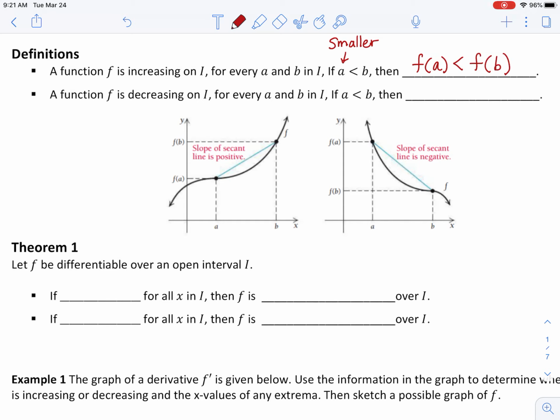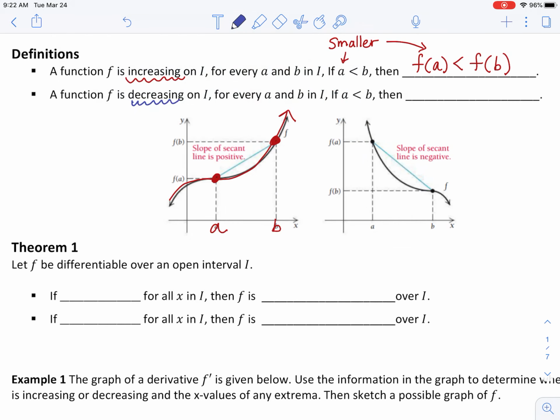So you put a small input in a function and you get a smaller output compared to the other input and its corresponding output, then we can say this is increasing. It's just notation, but in a picture like this, you see a is smaller than b because a is on the left side and b is on the right side. Notice f of b is higher, right? And f of a is lower. So that's really a function that is increasing. A function is going up from left to right, and if we have that, we call that an increasing interval.